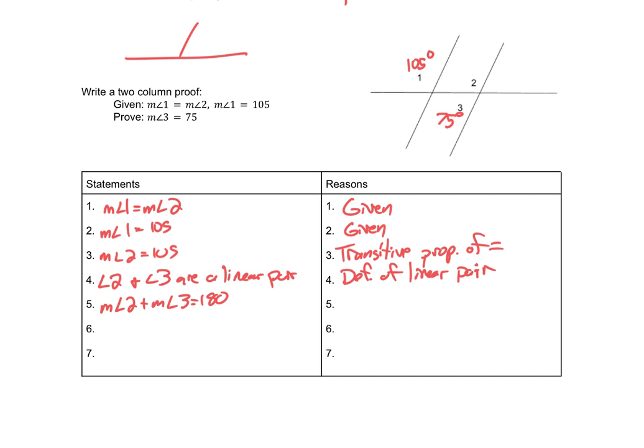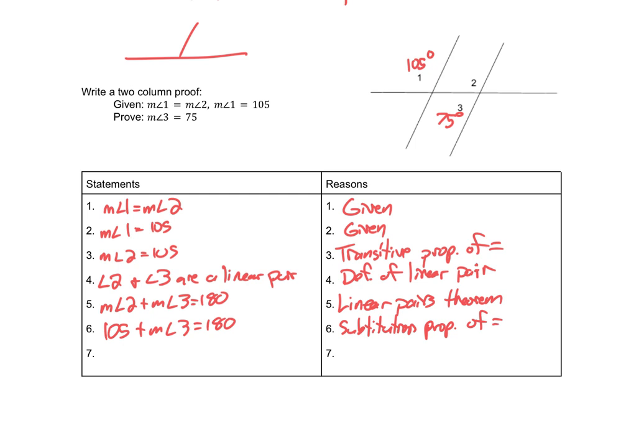Because they're a linear pair, we can use the linear pairs theorem. Now that means 105 plus the measure of angle 3 equals 180. That's the substitution property of equality. That means measure of angle 3 equals 75, because we subtracted 105 from both sides, so that's the subtraction property of equality.